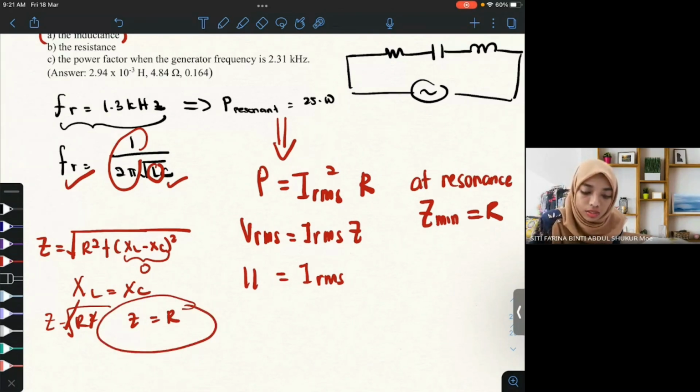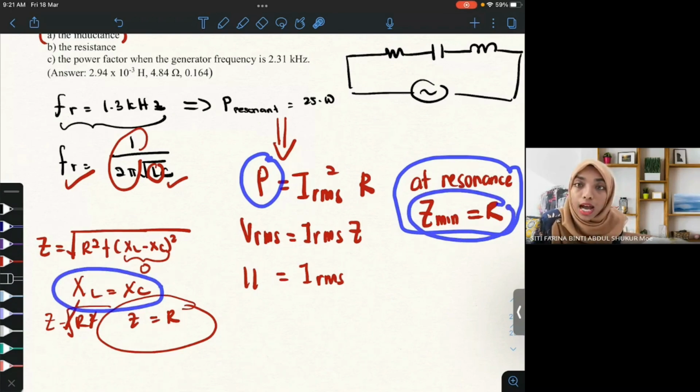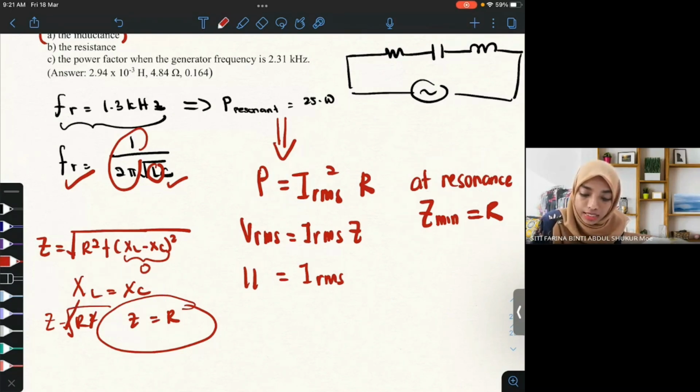Sebab kita nak guna power dissipated at resonance, therefore kita kena consider syarat at resonance, iaitu bila XL sama dengan XC, Z kita akan sama dengan R. So sekarang I can simply substitute this as R dekat sini.